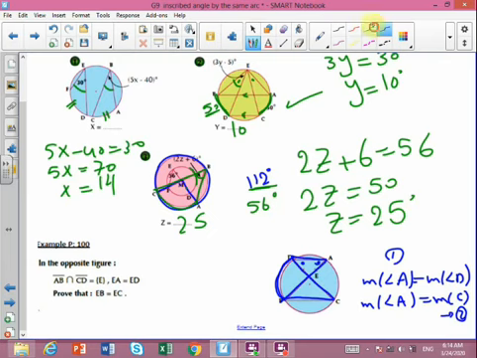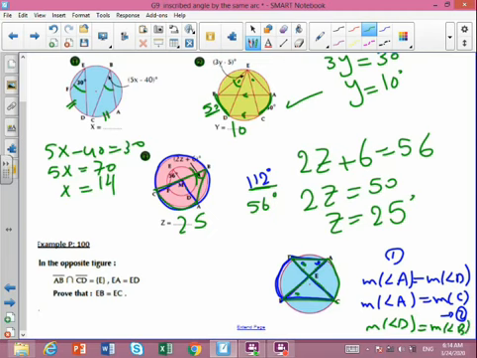Let's look at the other one. If I look from the other side, the measure of angle D will be equal to the measure of angle B, because they are two inscribed angles suspended by arc AC. So the measure of angle D will be equal to the measure of angle B.